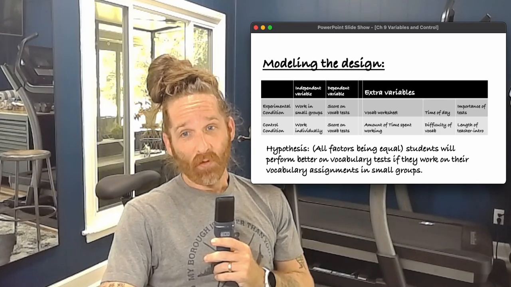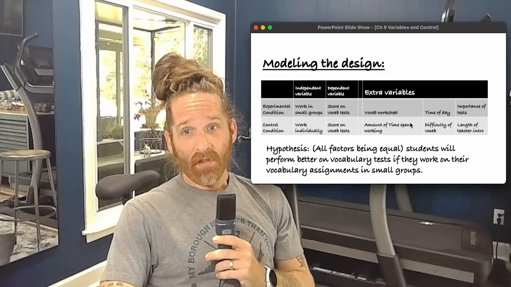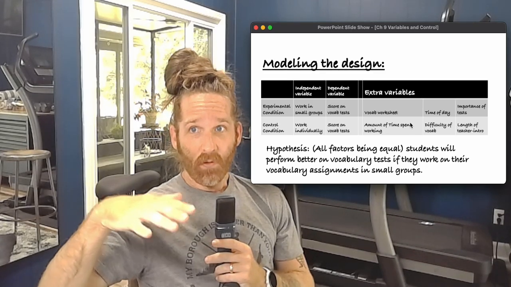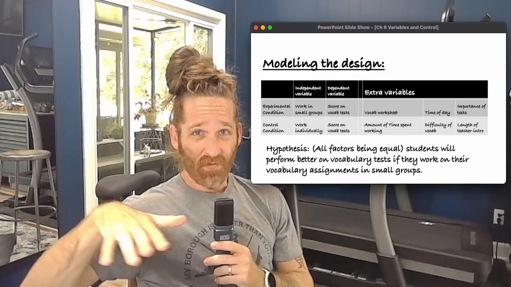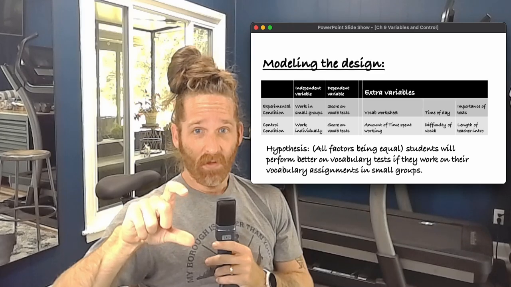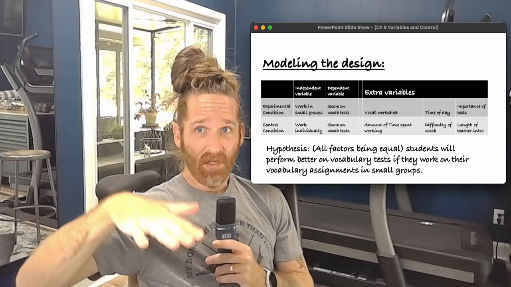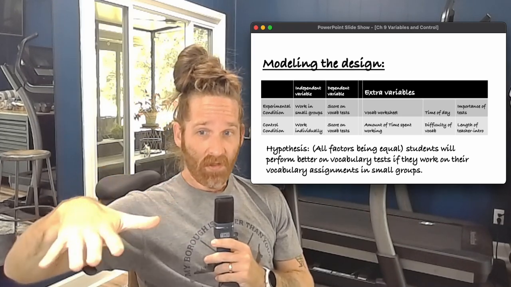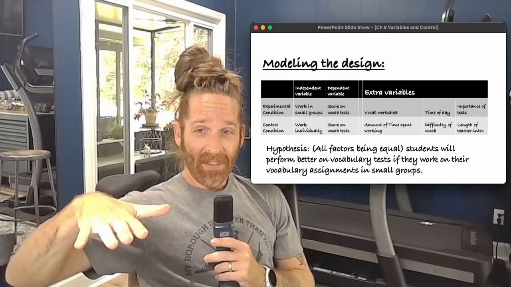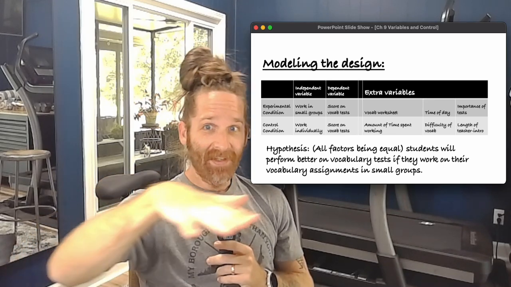So what I described was a within subjects design, and within subjects means that the two groups are within the same group of subjects. So the experimental and control conditions use the same group of subjects. So first, the entire class is your control, and then next, the entire class is the experimental group.